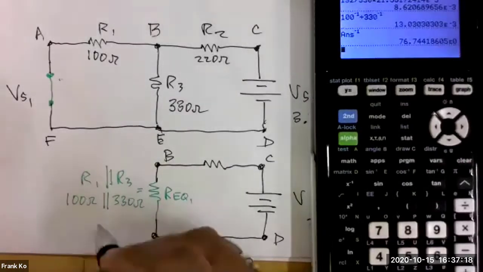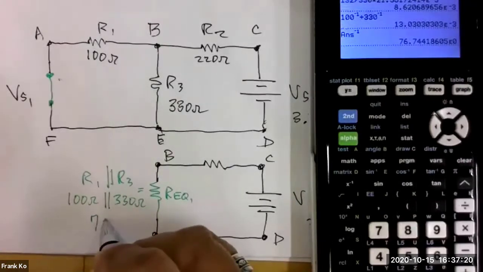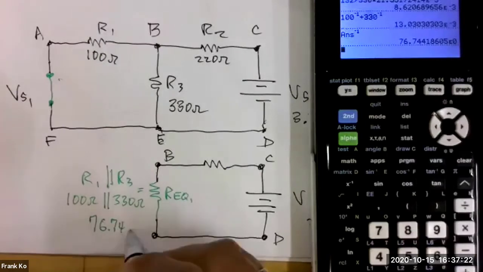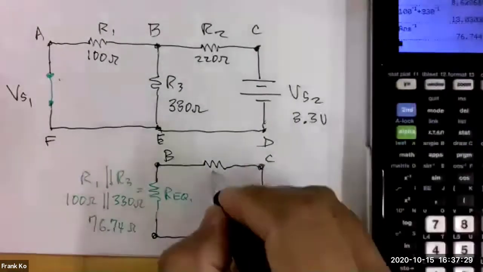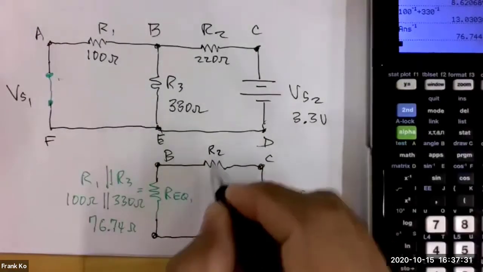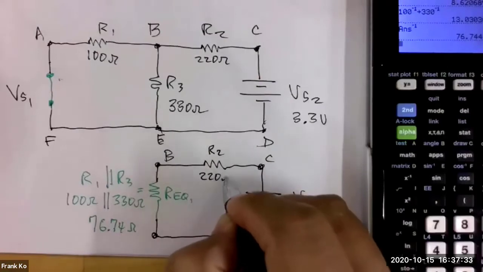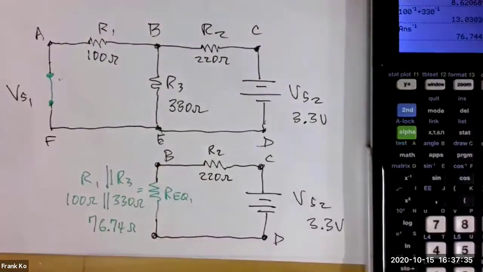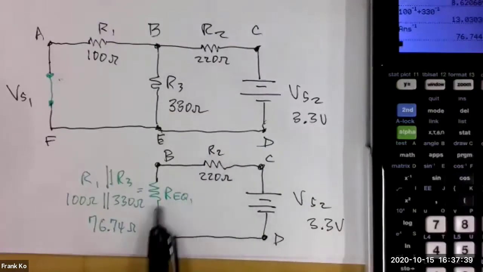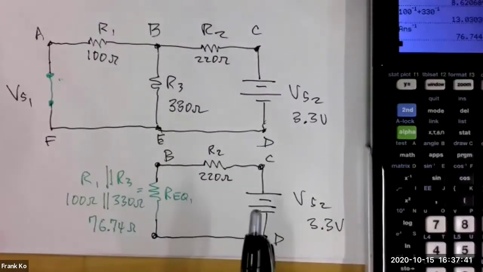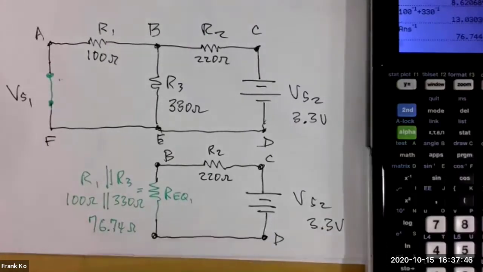Everybody okay? 76.74 ohms. Very good. And we match that up with one of our original circuit resistors, which in this case is R2, 220 ohms. Have we now taken the 3 resistors series parallel, reduced it into two resistors in series with each other? Is this easy for us to calculate an R total for at this point in time?